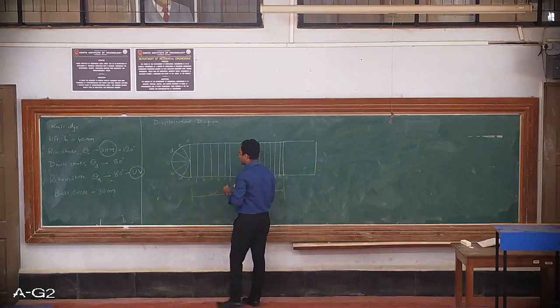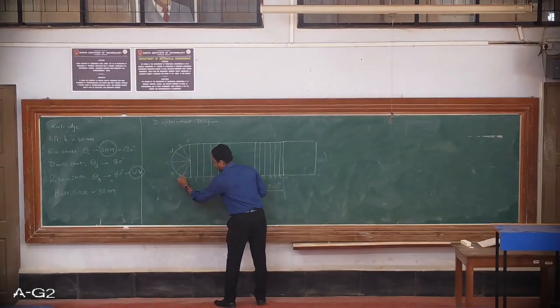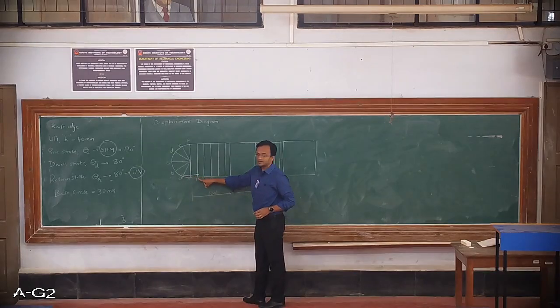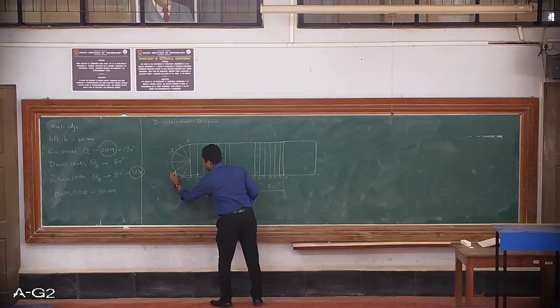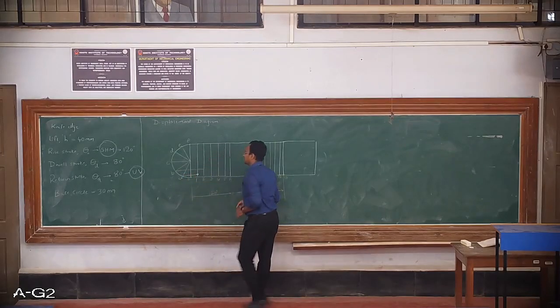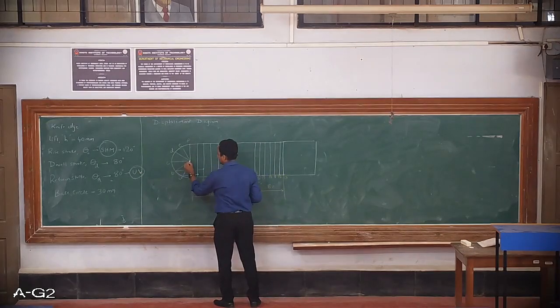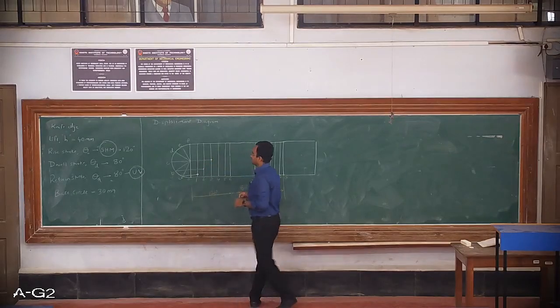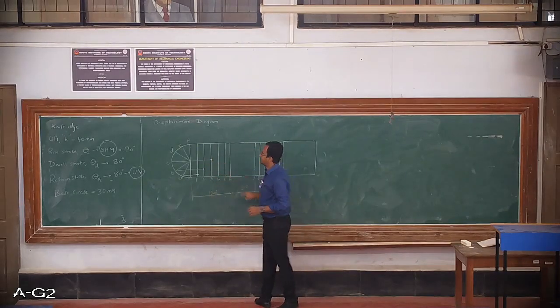So let us see how they come out. From A, I have drawn a line until it intersects line number 1. Similarly, from B, I will draw a horizontal line until it intersects line number 2. From C, I'll draw a line up to line number 3.